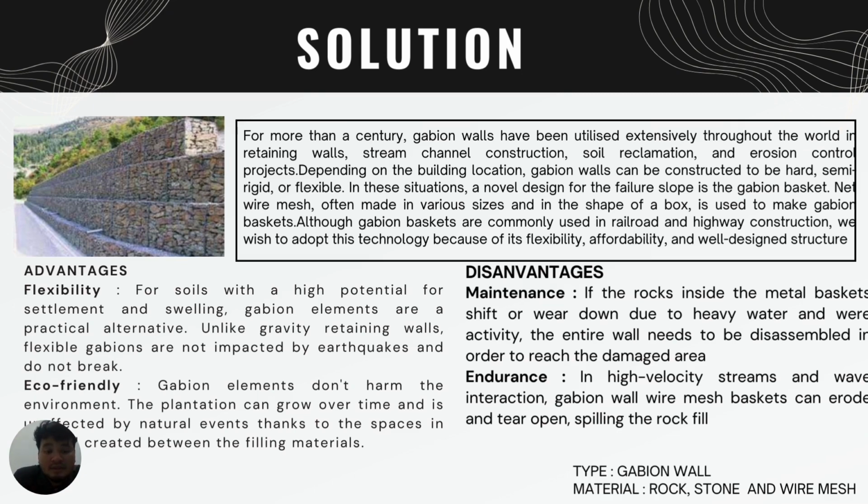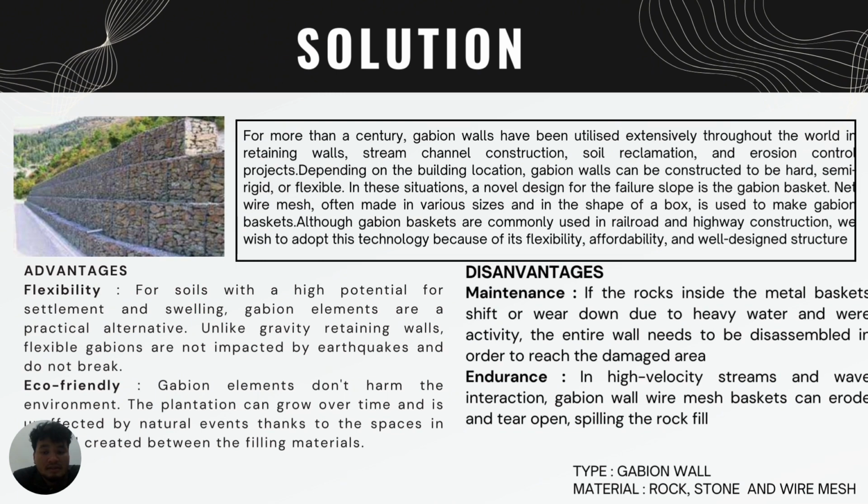Eco-friendly: carbon elements don't have the ability to pollute, can grow over time and are absorbed by nutrients, even thanks to the pressure in the soil created below the fill material. The reset maintenance.